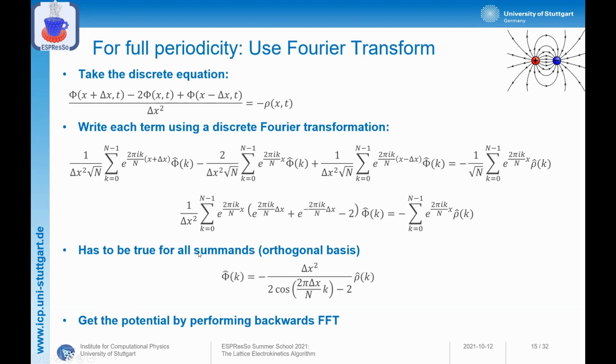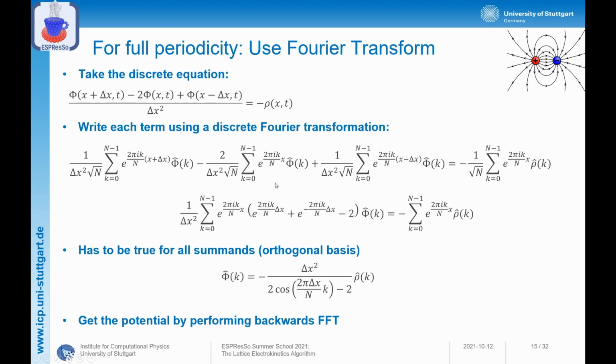What we can also do, if we have full periodicity, is use the Fourier transform to solve the Poisson equation. Probably many of you already have done that on paper, to use a Fourier transform to solve differential equations. We're just using the discrete version here. So we start again with a discretized version of our differential equation. Each term gets a Fourier transform. We rearrange all these terms.